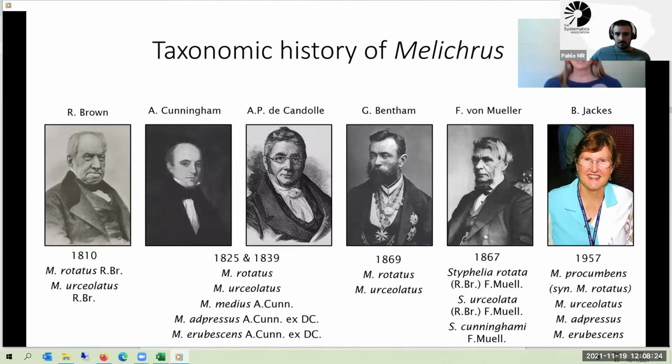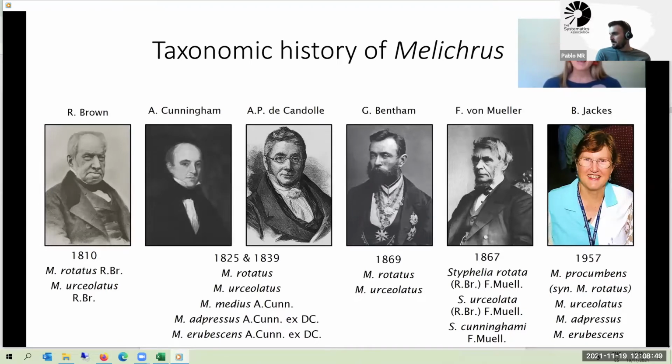The most recent revision and current taxonomy for Melichrus was completed by Betsy Jakes, when she was also incidentally a student at the University of New England back in 1957. Jakes recognised four species in her revision. She examined over 200 specimens and made numerous collections herself, and this was a massive improvement on the handful of vouchers referenced by her predecessors.